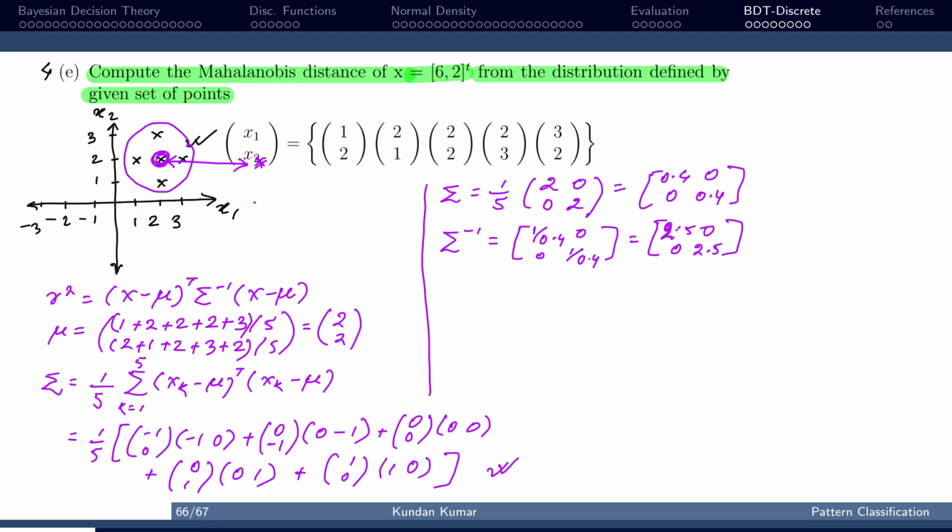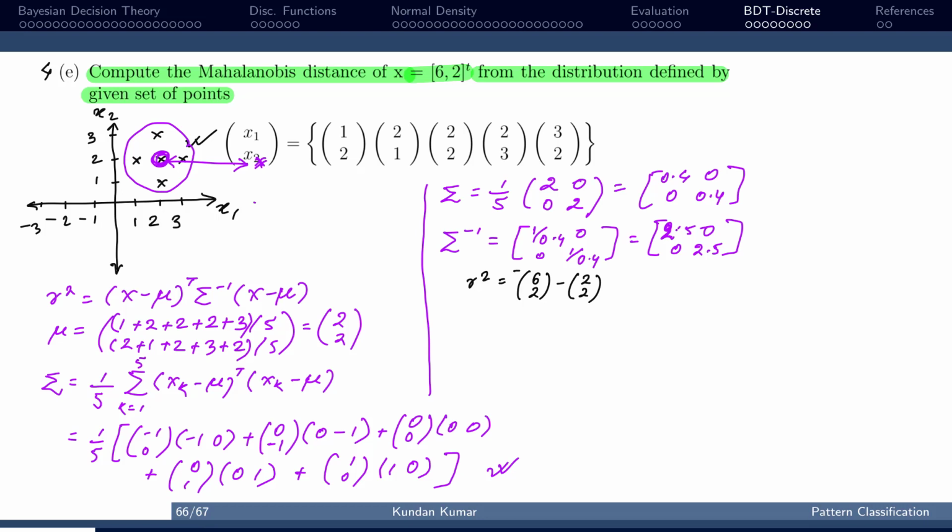Now we can put in the values of mean and covariance to compute the Mahalanobis square distance. So R square equal to, the point x is given as (6, 2), so (6, 2) minus (2, 2).